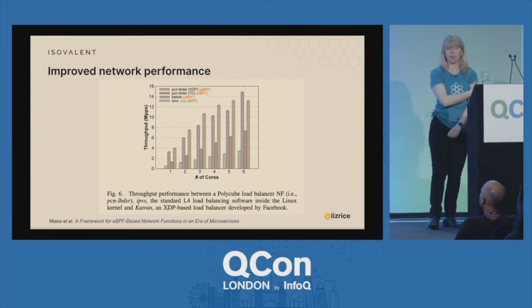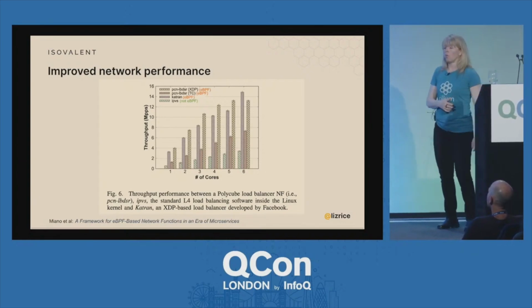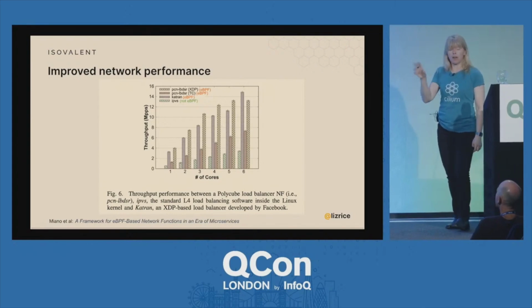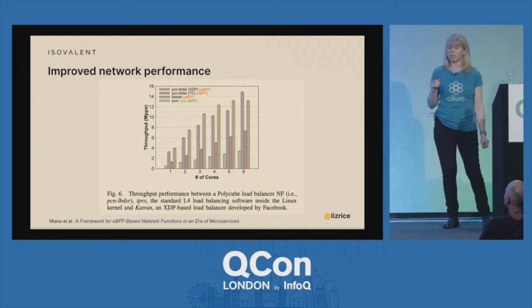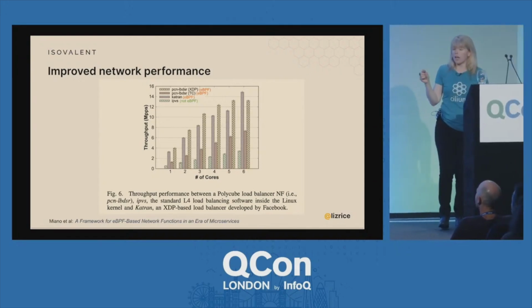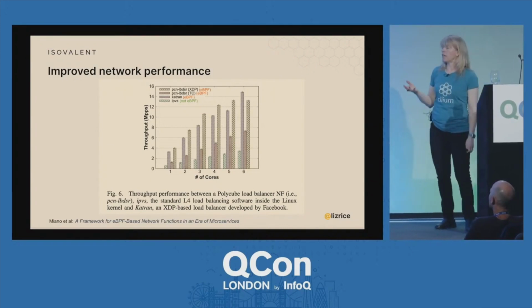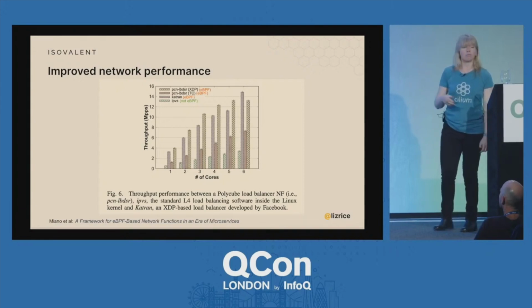This is an example of a load balancer project called Polycube, where they've compared a couple of different network hooks, XDP, and something called TC, which is part of the network stack. They've also included in this graph Katran, which is one of the really early uses of eBPF. It was a load balancer created by Meta.